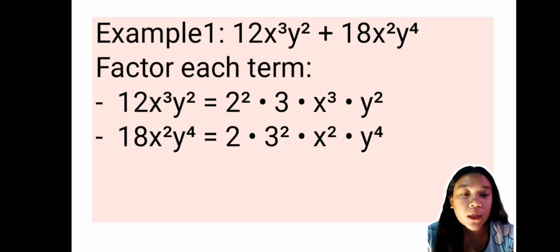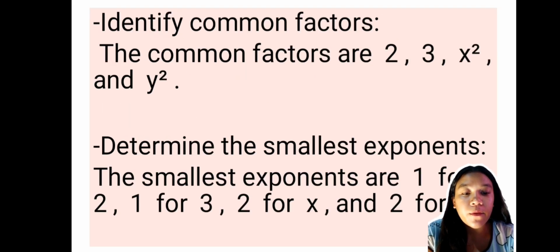Then we factor the other term, 18x squared y raised to 4, which is equal to 2 times 3 squared times x squared times y raised to 4. Second, identify the common factors. The common factors are 2 and 3, x squared and y squared. That is the common factor of the two terms.